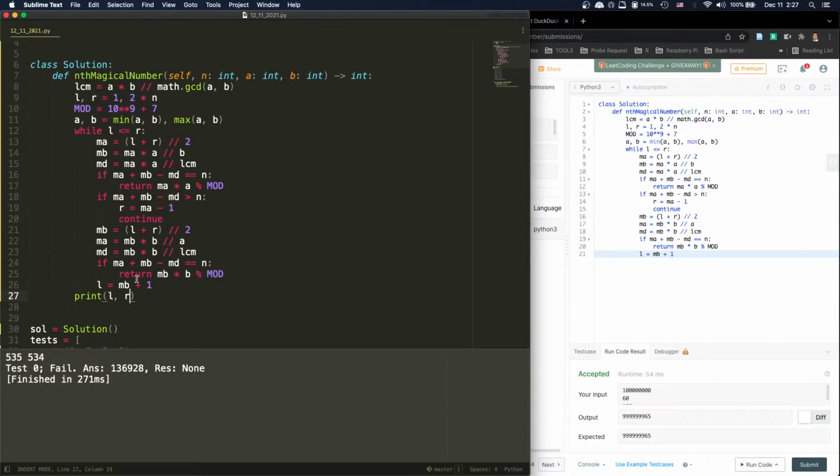Left is 5.30. For sure, left. So left is plus, which means 534, right? 534 is the last one we handled. Oh, we probably want to print more. Let's just print left LCM.